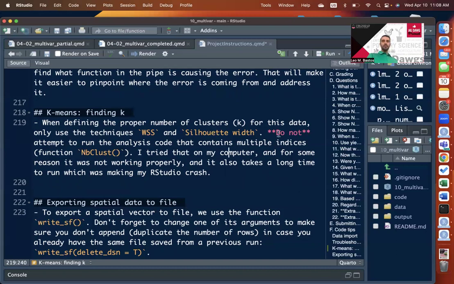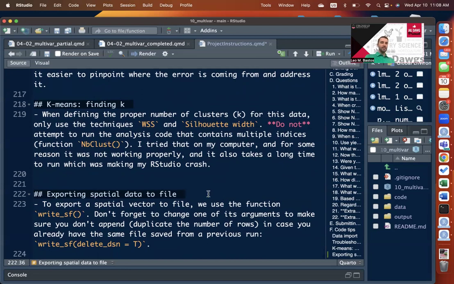I do not recommend that you run the NbClust function in this case specifically, just because when I tried to run it on my side, it took a very long time and it crashed and would never go through. So you can just determine the number of clusters with those two techniques. You don't have to use NbClust, which is the one that does, I don't know, close to 30 indices for you.